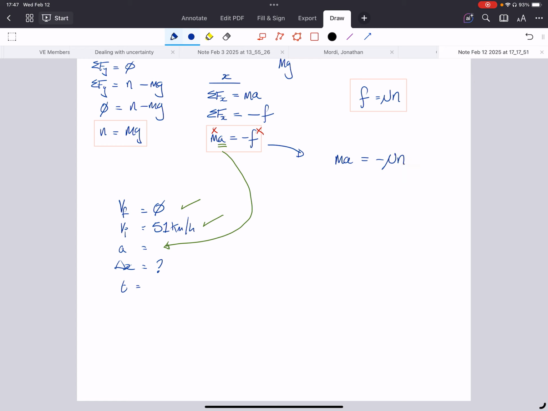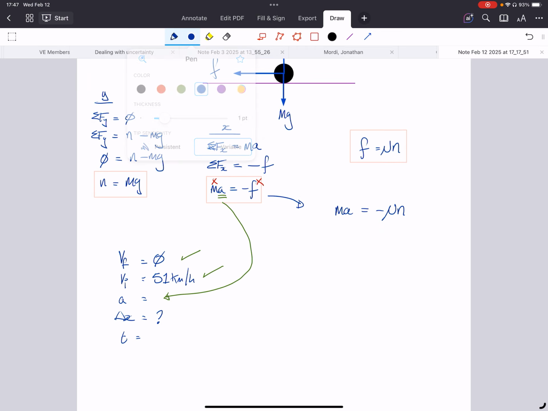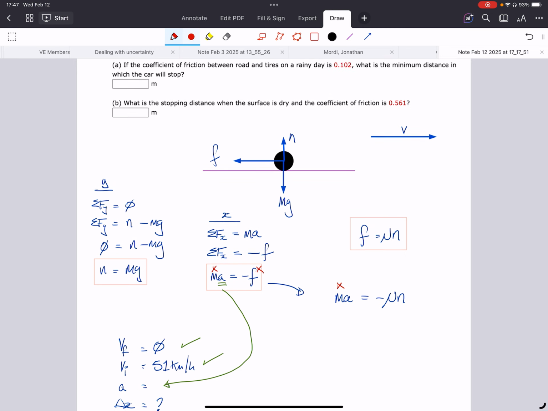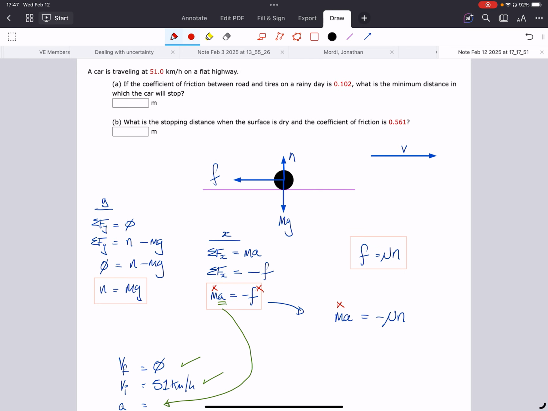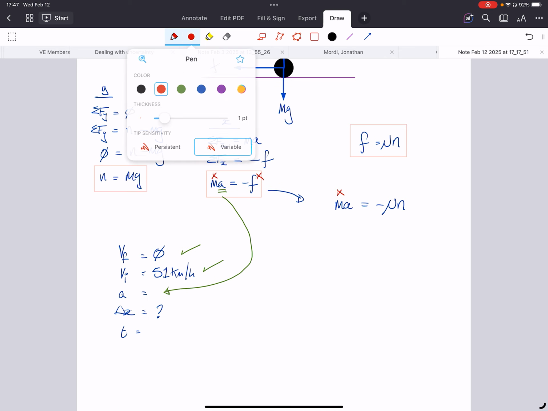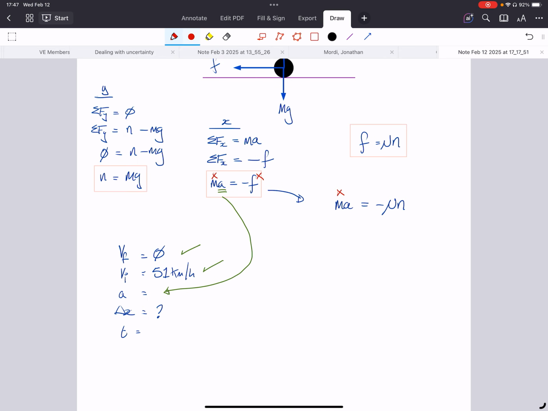That's partly solved my problem, but I still don't know the mass of the car. And although the problem does tell me what the coefficient is, it's given right here. That's my value of mu. I can say, yeah, I know that. I do not know what the normal force of the car is.